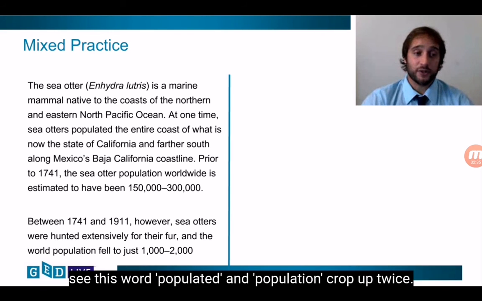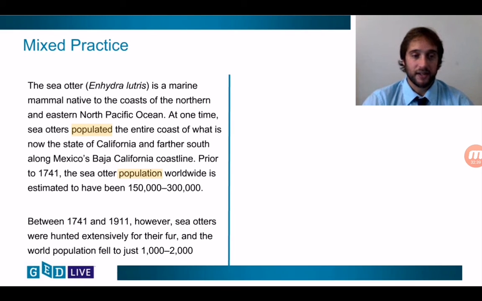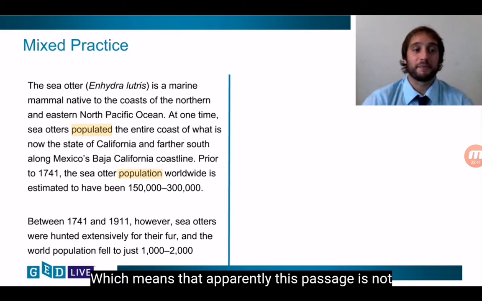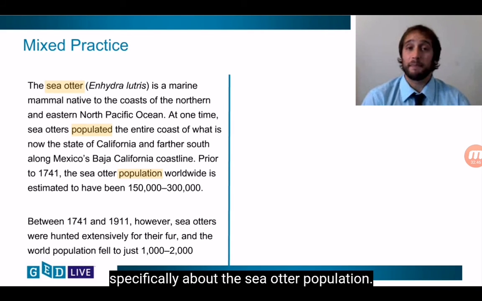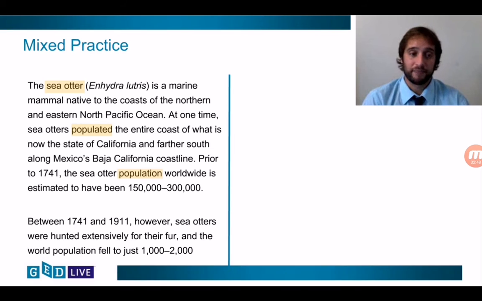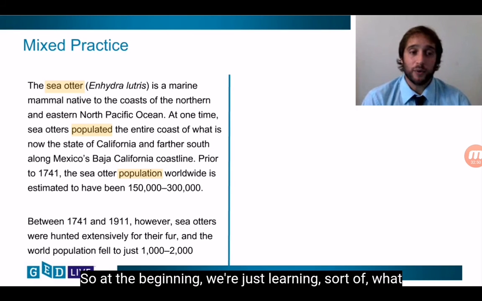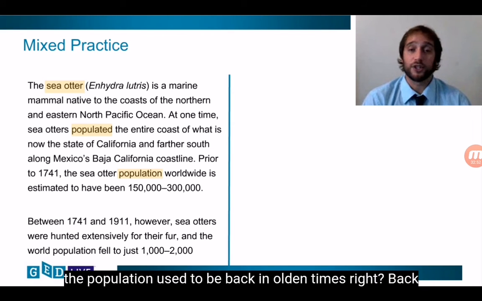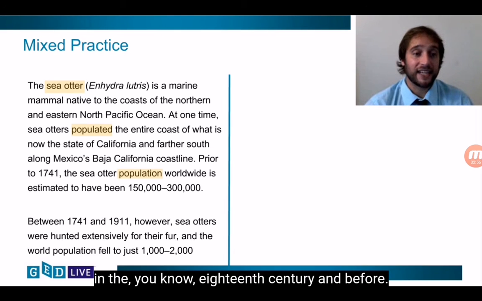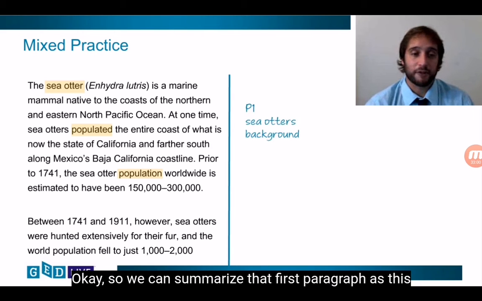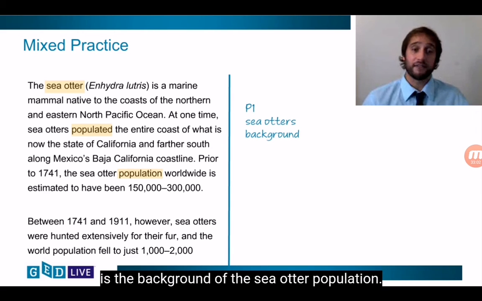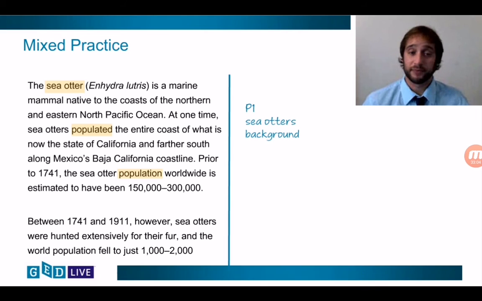We see this word populated and population crop up twice, which means that apparently this passage is not just going to be about the sea otter, but it's going to be more specifically about the sea otter population. And so at the beginning, we're just learning sort of what the population used to be back in olden times, right? Back in the 18th century and before. Okay, so we could summarize that first paragraph as the background of the sea otter population.